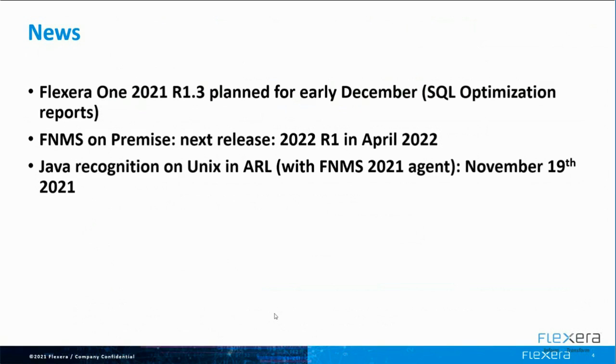This works provided you use the FlexNet Manager 2021 agent, which is collecting the Java instances, including their inventory, their folder, and their version. If you use this agent, you will be able to catch and recognize the deployed applications with the new ARL evidences that will be released on November 19th. That's it for the news.